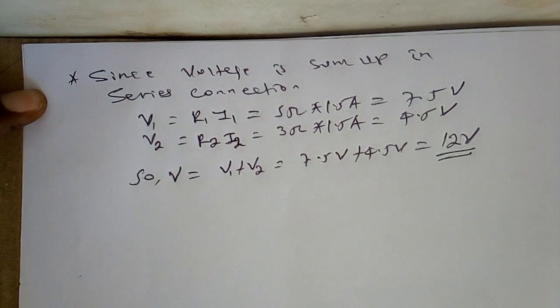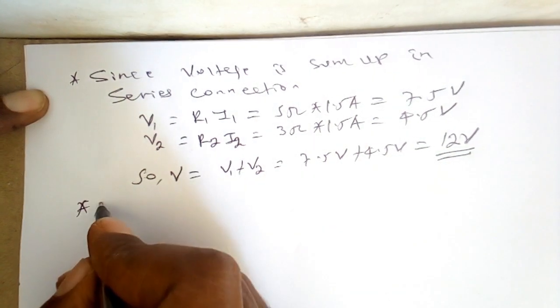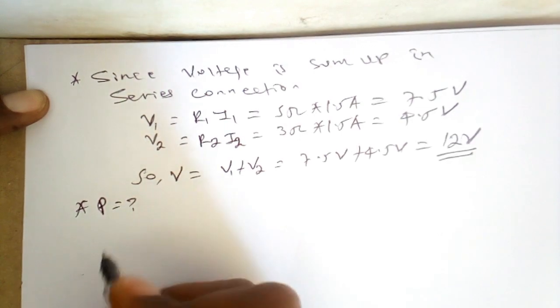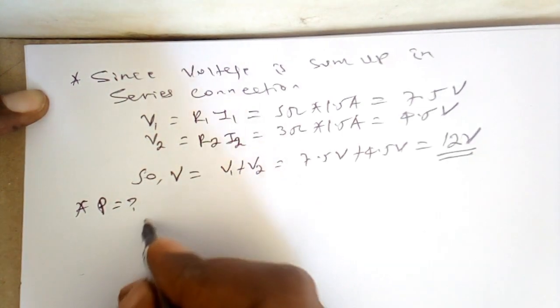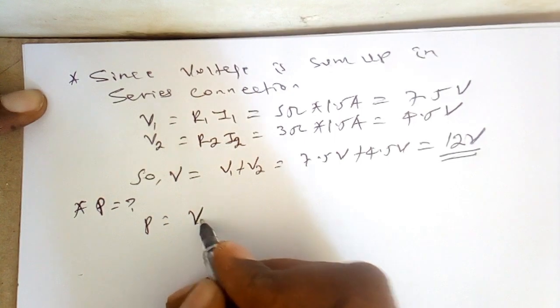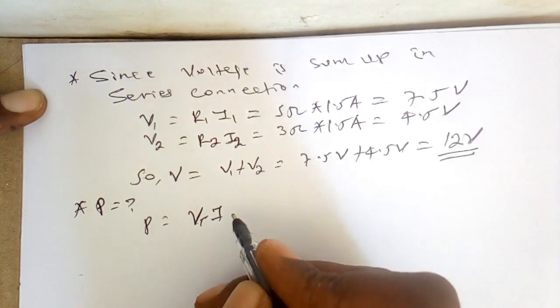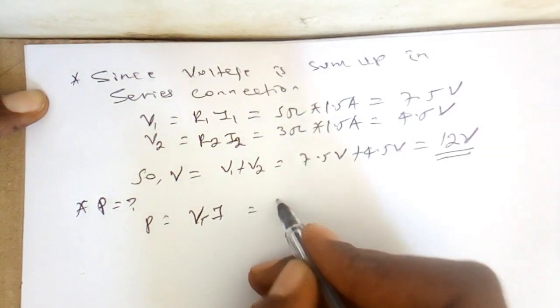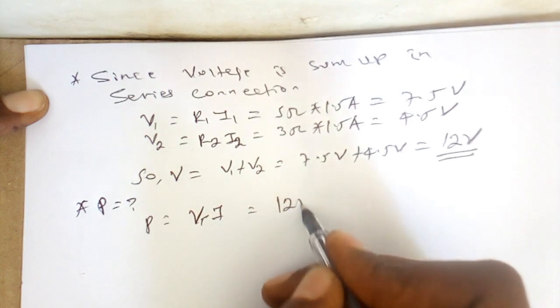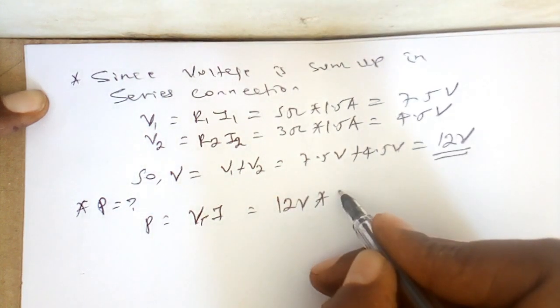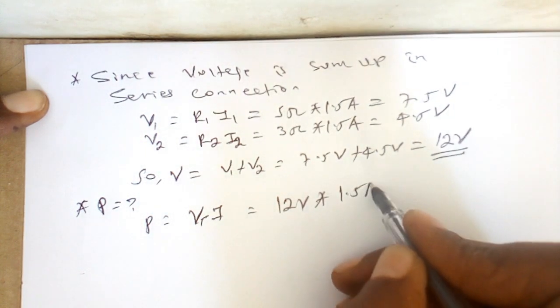What is left? Finally, what will be the power? Power is the multiplication of voltage and current. So there is V total and there is total current.